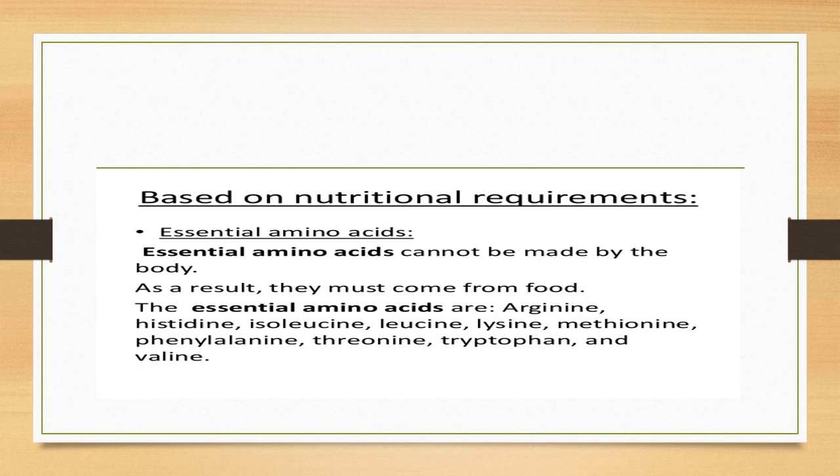If the classification of amino acids is based on nutritional requirement, there are two types. That is very important: essential amino acids and non-essential amino acids. Essential amino acids are what? They cannot be made by the body, cannot be synthesized by our body. As a result, they must come from our food.